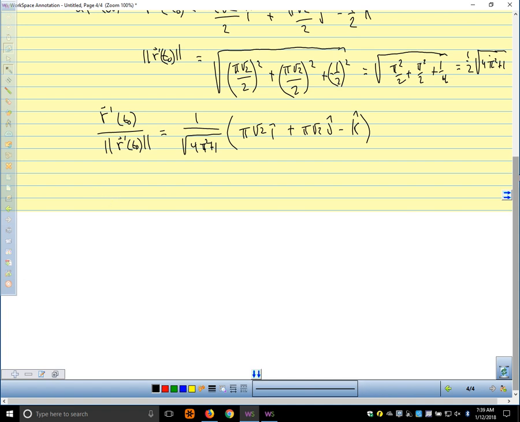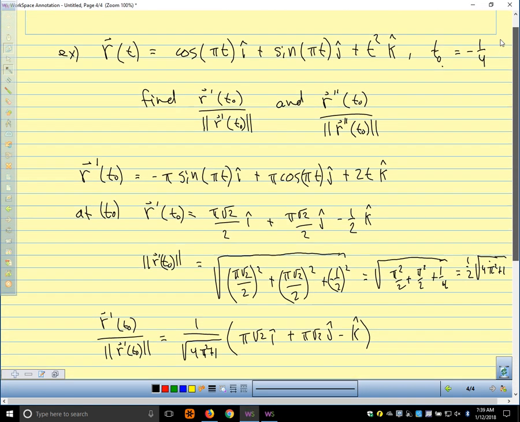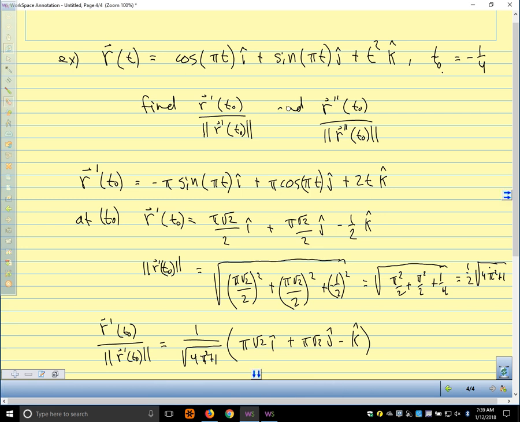I don't think we need to do more derivatives, so I'm going to erase this part. If we did have to do that derivative, when we did it with parametrics, we have that other special rule about second derivatives. You just take another derivative of each and put it separately.